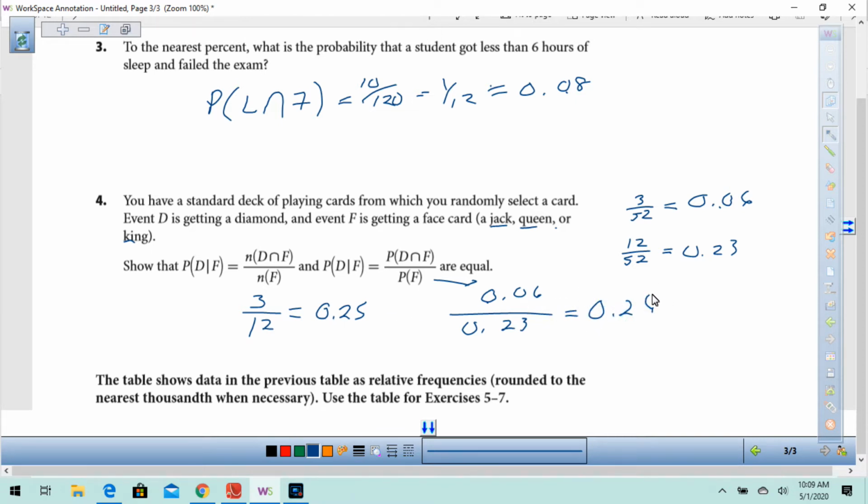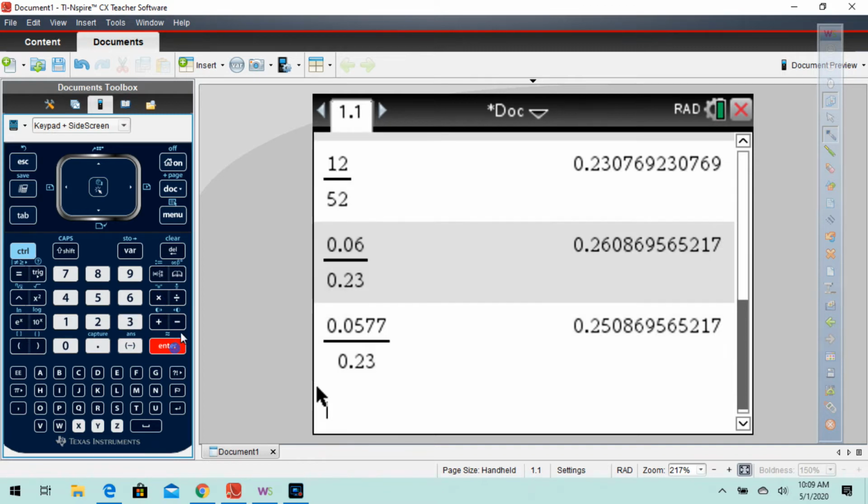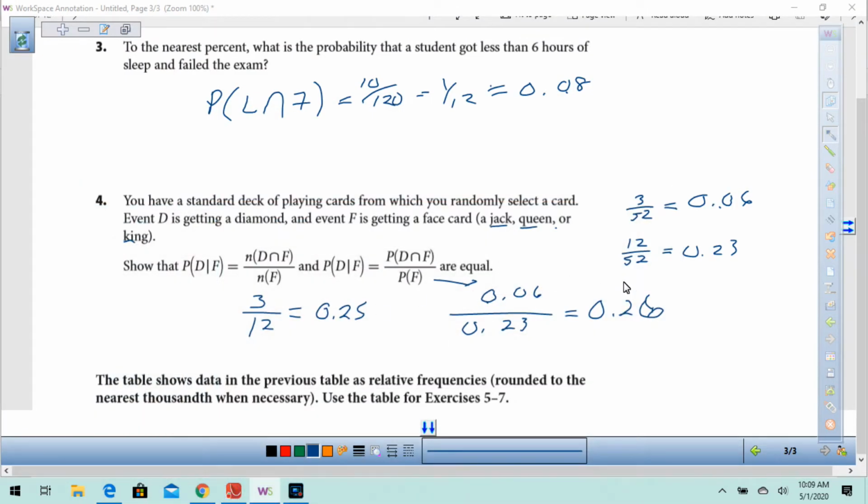The difference there is in rounding, because we rounded up here. I think that was 0.0577. Let's try that: 0.0577 divided by 0.23, and see, there it is. So that's just rounding. Not a problem.